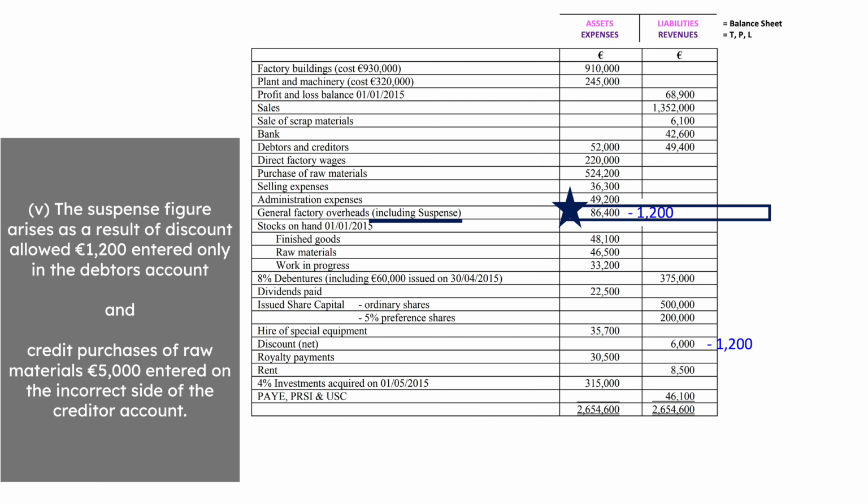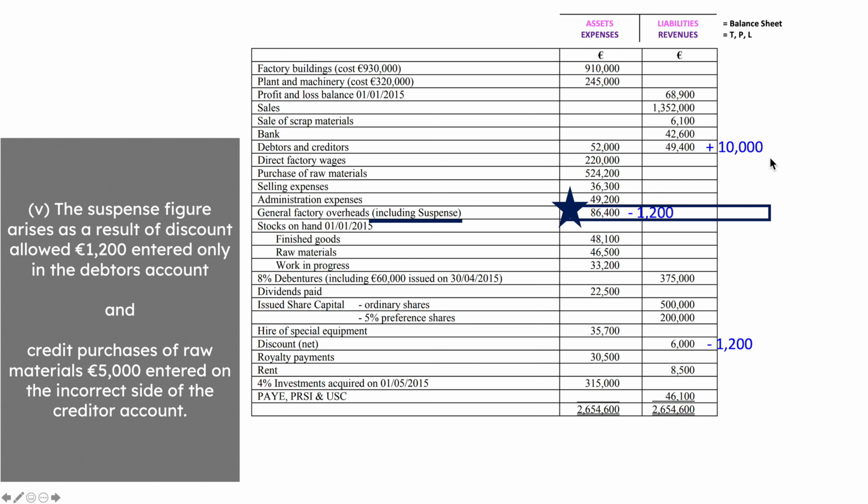So how we will fix it is we will put 10,000 euro on the credit side of the creditor account. So where's the creditor account here? We will add 10,000 euro there because 5,000 of that is correcting the mistake of it going on the opposite side, on the debit side, and 5,000 is actually recording it.